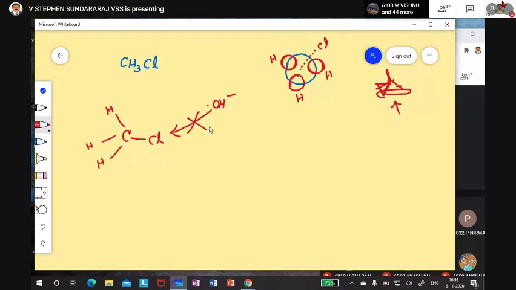Tell me, one of you tell me the reason first. OH cannot attack from this side. Repulsion, because this is a nucleophile having 3 lone pairs of electrons. Here, see, this is the psi square. And OH also has 1, 2, 3, 4, 5, 6 electrons, because with the minus, including one more lone pair, so totally 3.